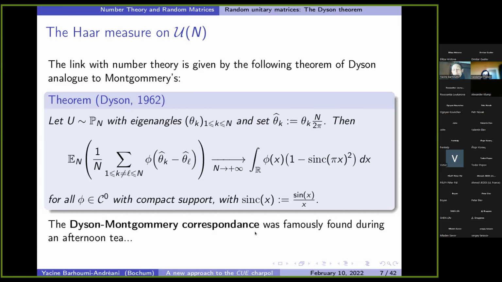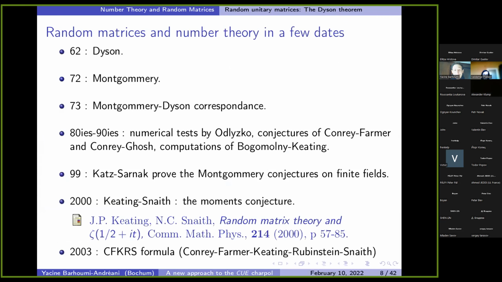There is a famous story that they met during an afternoon tea, etc., and then realized that they were computing the same thing and that they had the same result. But so this is the history. I give you a few dates.